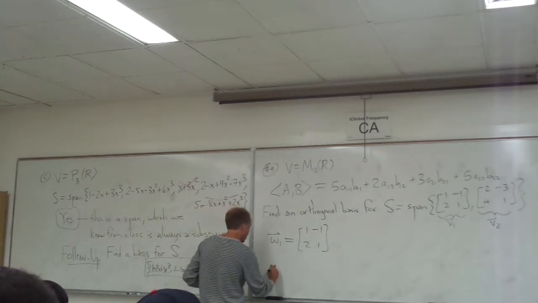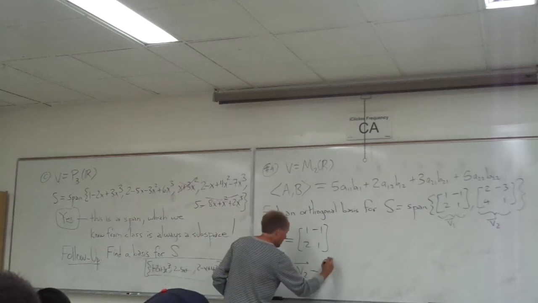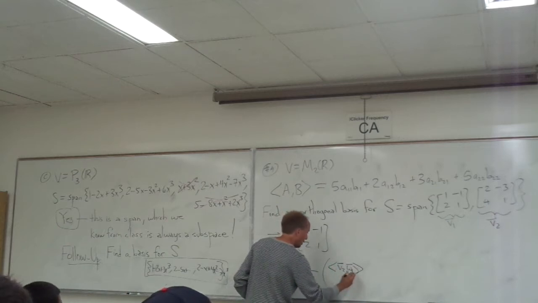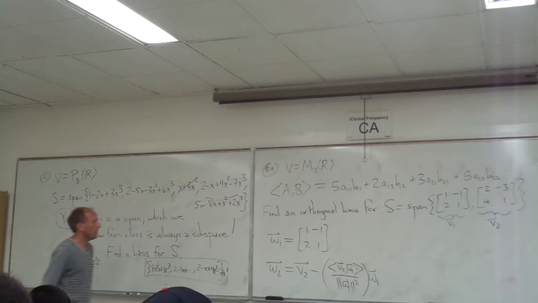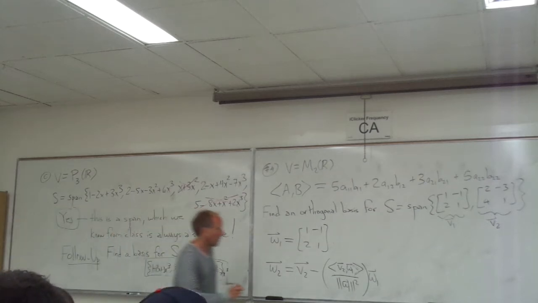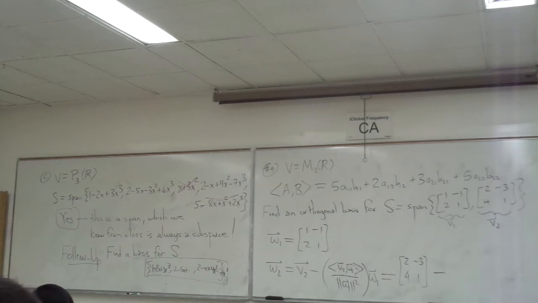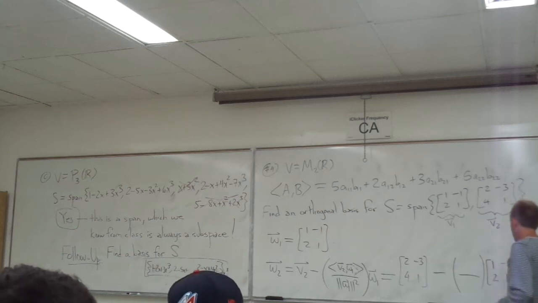And then W2, just to remind you the formula, it's V2 minus the fraction where you have the inner product of V2 with W1, divided by the norm of W1 squared, times W1. So we need to work these things out. V2 is the second vector, that's 2, -3, 4, and 1. I'm going to subtract from that this expression, which I'll fill in a second, times W1, which was 1, -1, 2, and 1.